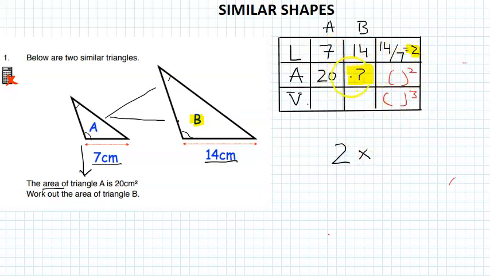The area is 20. Because we have to find the area, first you write the area or the volume, whatever you are supposed to find.